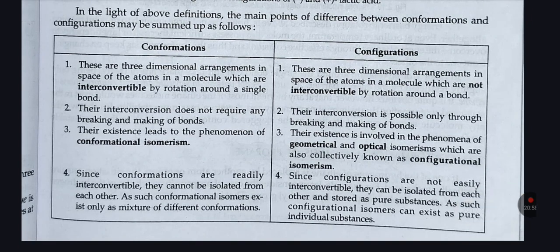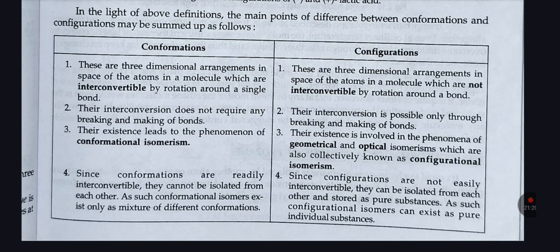Conformations are three-dimensional arrangements in space of the atoms in the molecule which are interconvertible by rotation around a single bond. Configurations are three-dimensional arrangements in space of the atoms in the molecule which are not interconvertible by rotation around a bond.